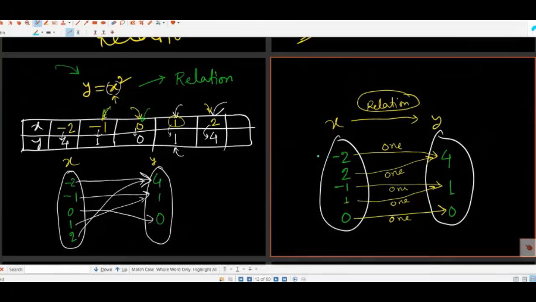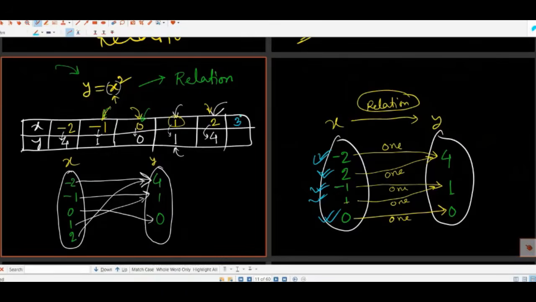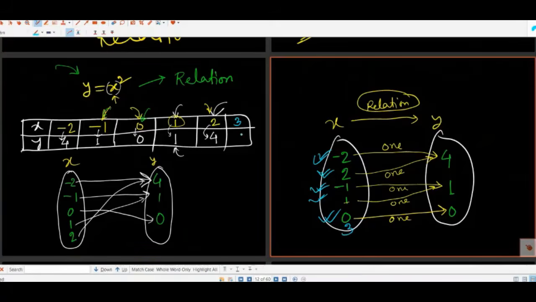So for this input, we have one output. For the second input, we have one output. For the third input, one output. For the fourth input, one output. For the last input, one output. We can also check by inputting another value of x. Let's say we are plugging in 3. Whenever x is 3, 3 squared is 9.